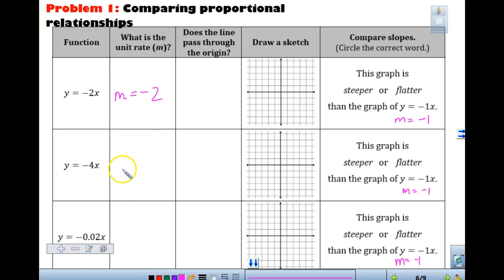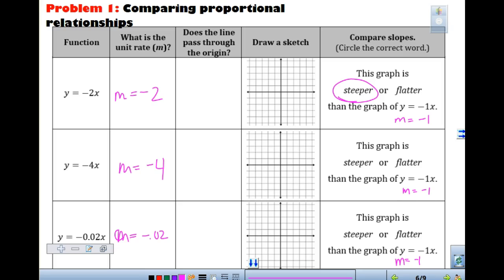If I'm looking at the next one, y equals -4x, my m should be -4. And in the last one, Chase? It wasn't negative 1.2. So the first one, was it flatter or steeper? Steeper. Okay.